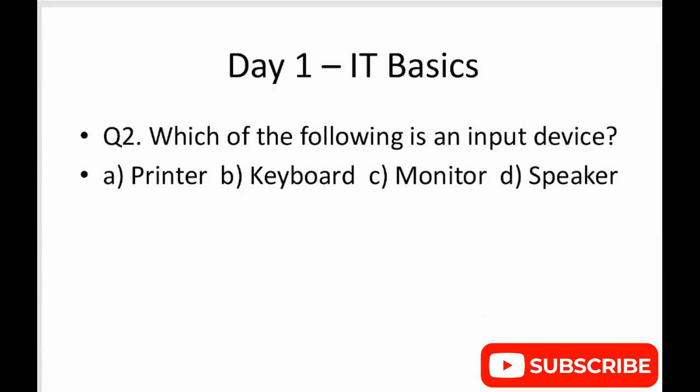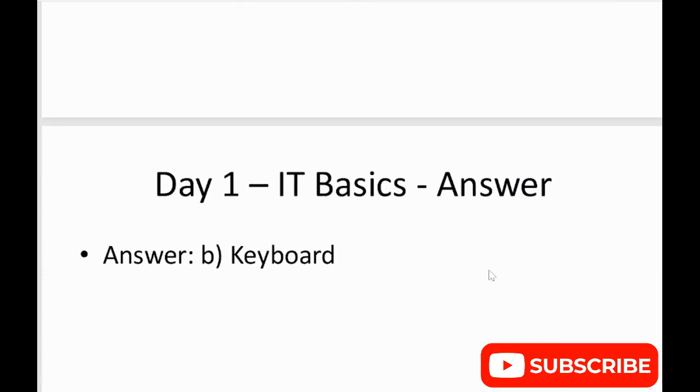Second question is, which of the following is an input device? Okay. Printer, keyboard, monitor, or speaker. So first think and then give the answer. So the answer will be keyboard.